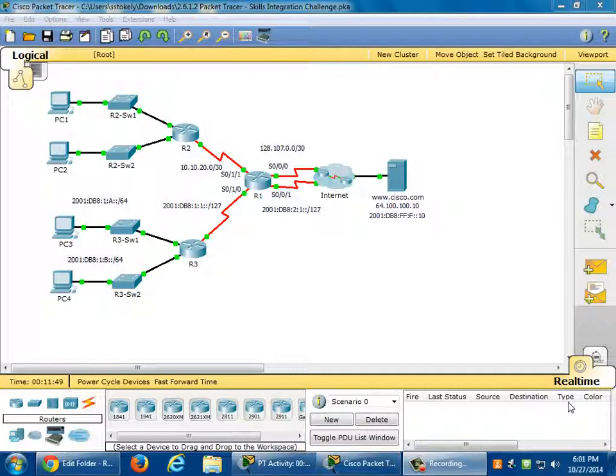Now, on router 1, we need a summary route to reach all R2 LANs. Very easy to do. Okay, here's the trick. What was my network here? 16 and 17. It was 10.10.16.0.